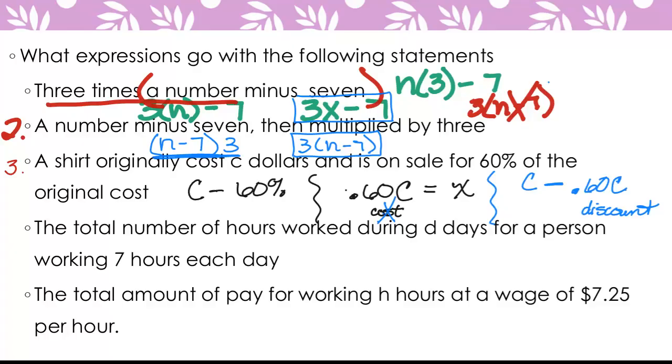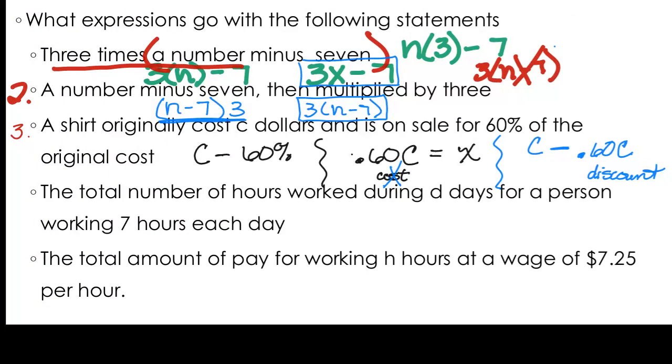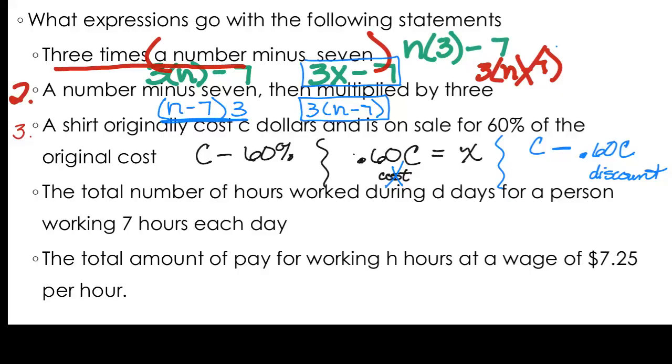So it's the original cost of the shirt minus the discount, which is 60% of the original cost. I see some saying yes. Others are looking at me like, I don't know. All right, so this one, you have to talk about 60% of something. So that was what it was missing here. And this one was close, but you have to subtract from the original cost of the shirt.